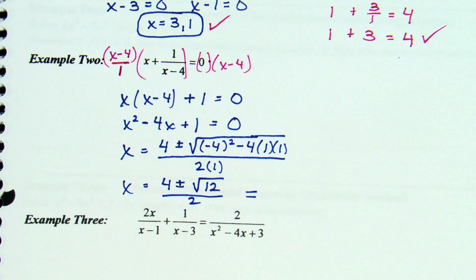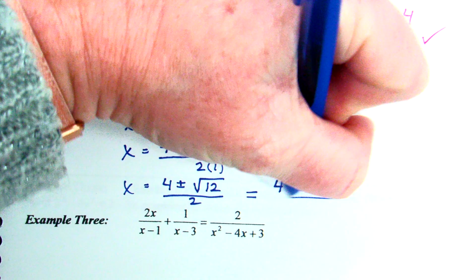We don't want to divide yet. Yeah, we need to worry about the square root of 12. The square root of 12 has a perfect square in it of 4. So since we know 12 is 4 times 3, but the square root of 4 is 2, so that 2 goes outside the radical. And so it's going to be 4 plus or minus 2 square root of 3 all over 2. Does that sound familiar?